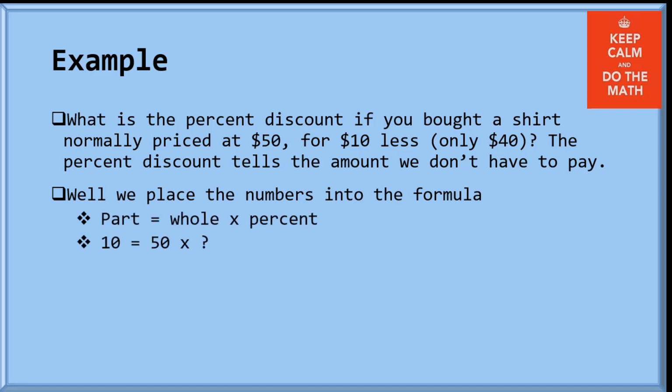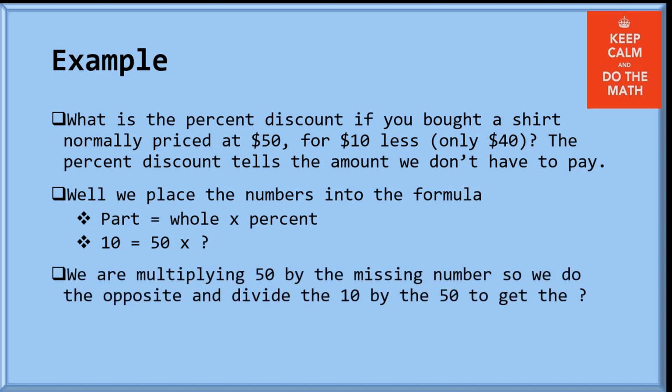Let's put in our 10 is our part, equals 50 times something. So we don't know what the percent is that 10 is. Now, we are multiplying 50 by the missing number, so we do the opposite. We will divide them both by 50, so we're going to divide the 10 by 50. 10 divided by 50 is equal to 0.2, or a 20% discount.